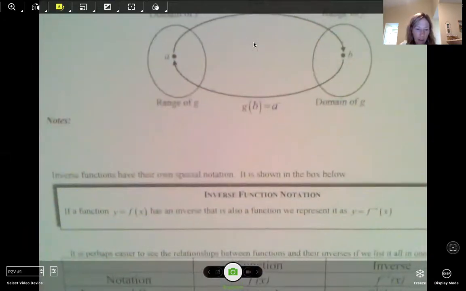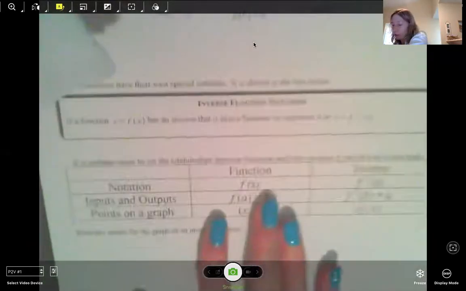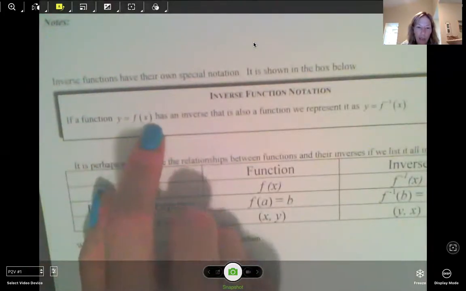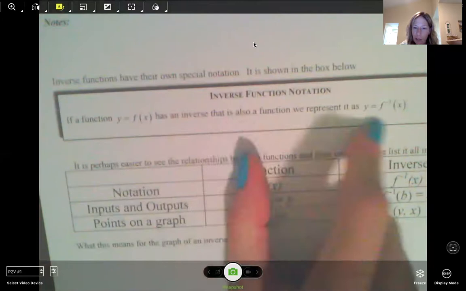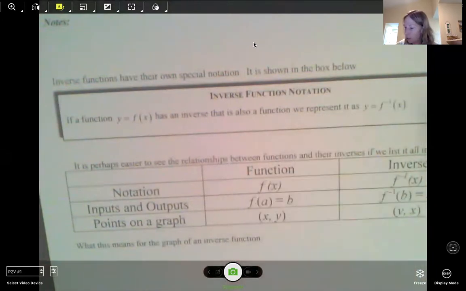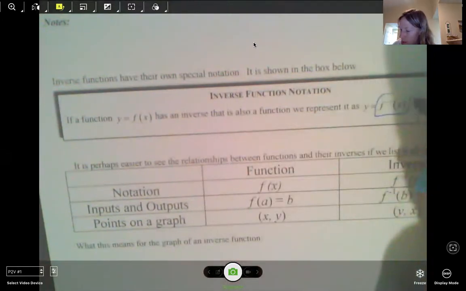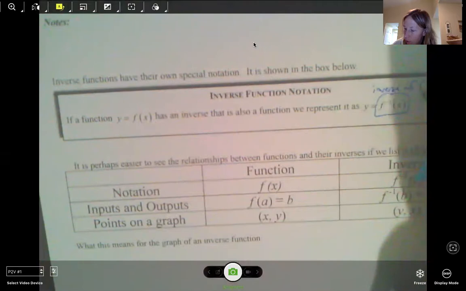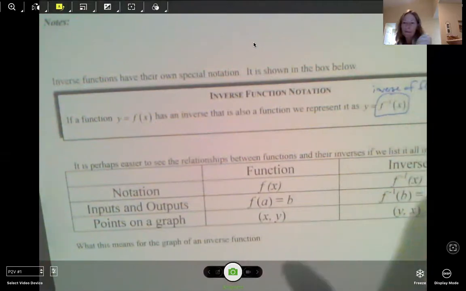And there is a certain way that we write inverse notation, which is what this next part says. If a function y is f of x and has an inverse, this is the notation right here. In words, this is the inverse of f of x. We can say f negative 1 of x.